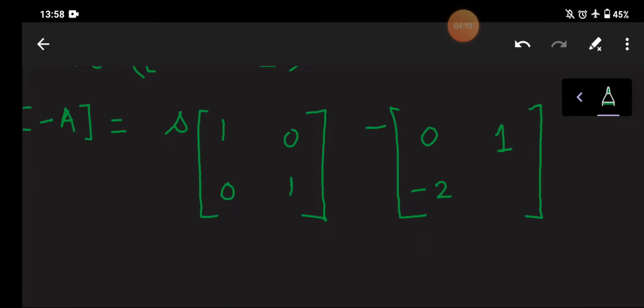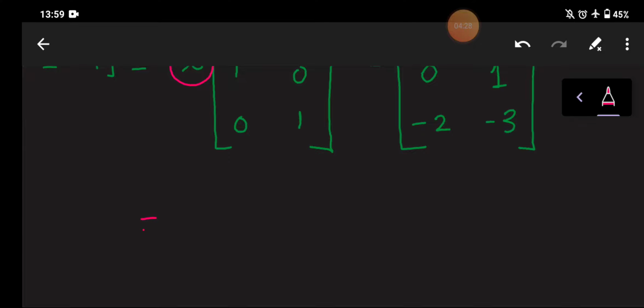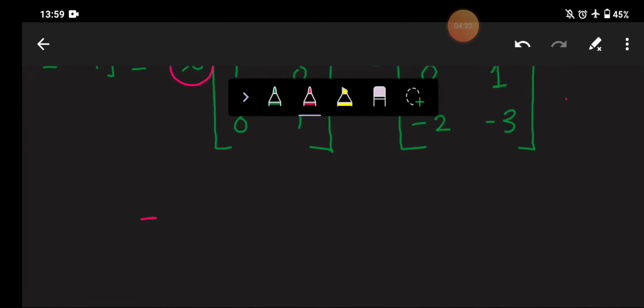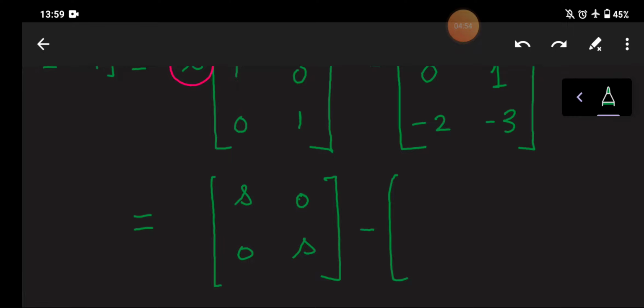In the next step, when I multiply this s term to the identity matrix, I will have s 0 0 s, minus 0 1, minus 2 and minus 3.